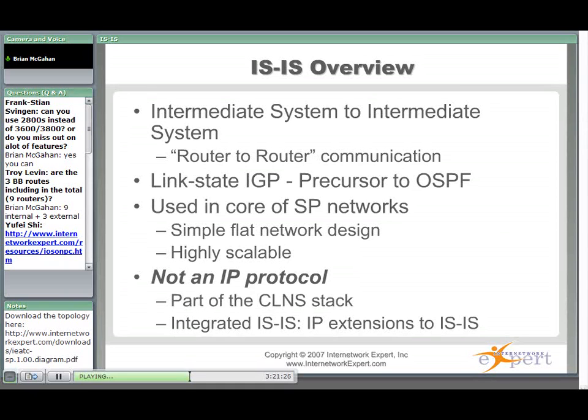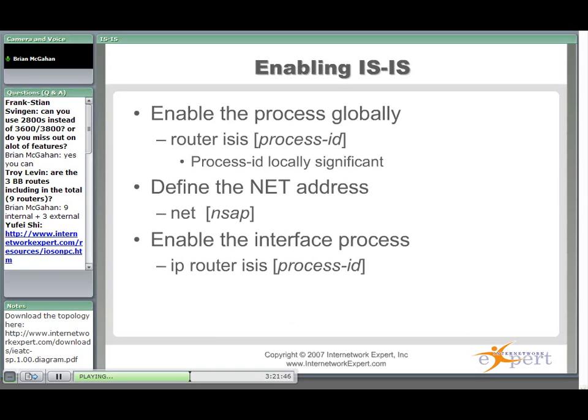But what we are going to be dealing with is integrated IS-to-IS, which is the IP extensions to IS-to-IS in order to route IP version 4 packets. Okay, there's also an extension to route IP version 6, but in our case, IP version 6 is not yet part of the service provider blueprint. So we're just going to look at it within the case of IP version 4.